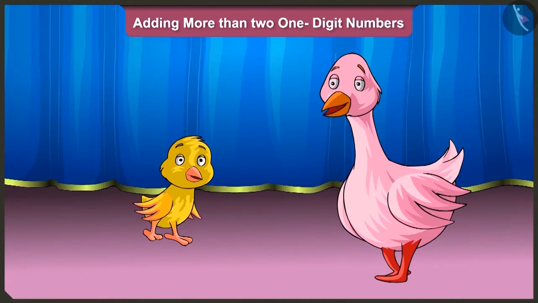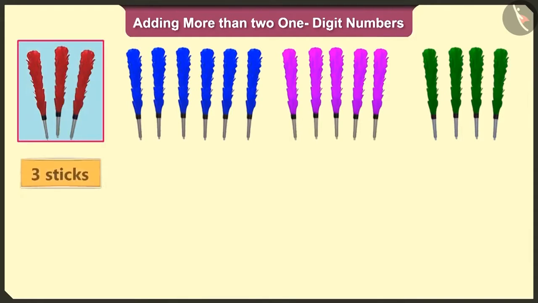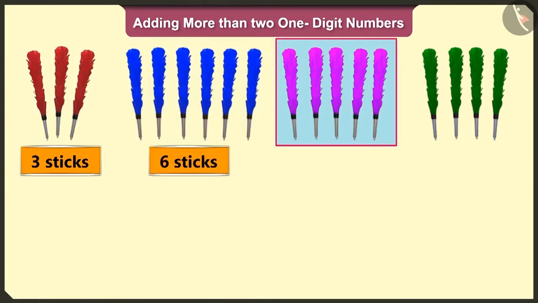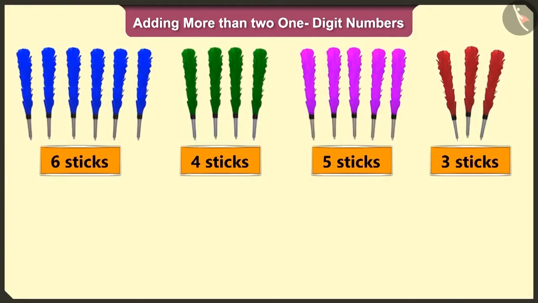Perfect answer, Pillu. So do you know that there is an easy method also to add different one-digit numbers? Another easy method. Yes, the number of sticks is different here. First group has 3 sticks, 6 in the second group, 5 in the third group, and the fourth group has 4 feather sticks.